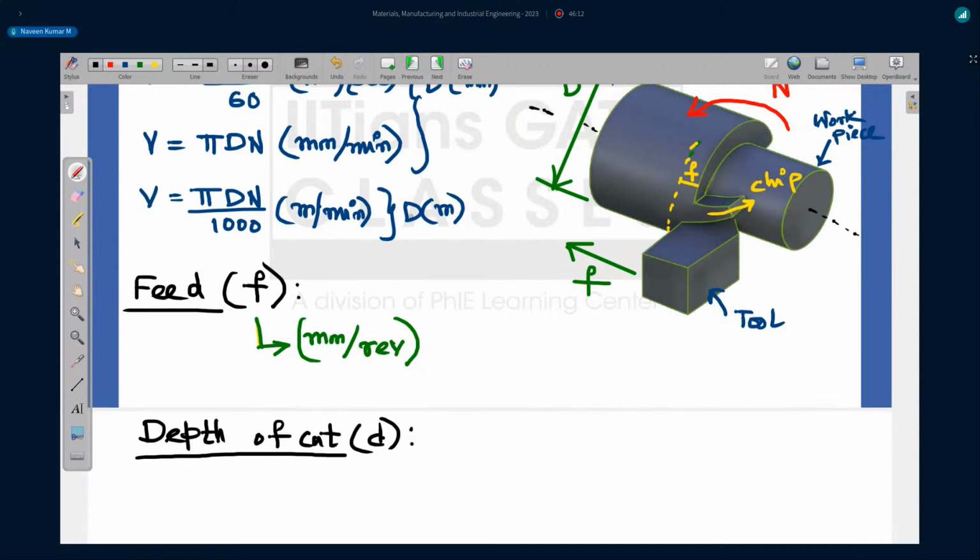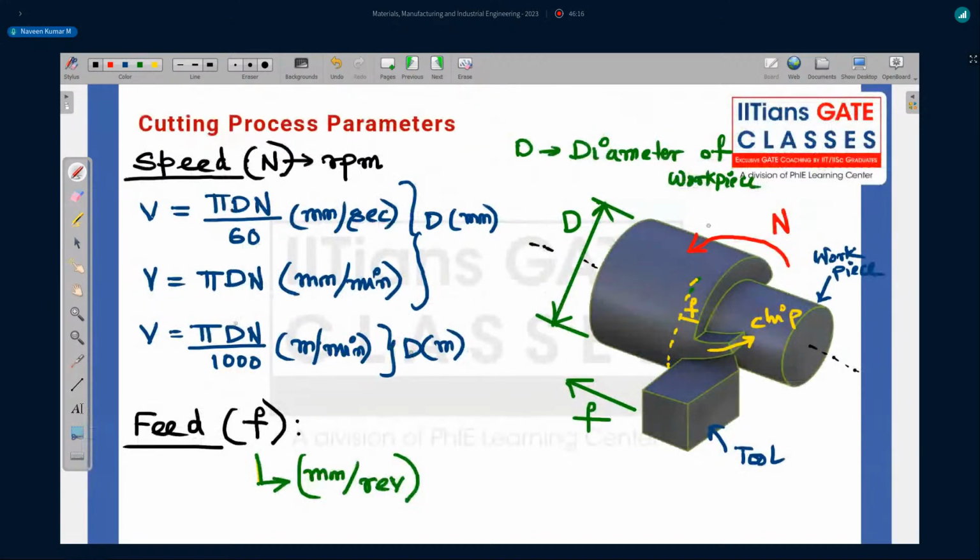So what is depth of cut? Let's come to the figure here. The tool is sent inside. It is given some movement inside. So the tool is given movement in this direction.